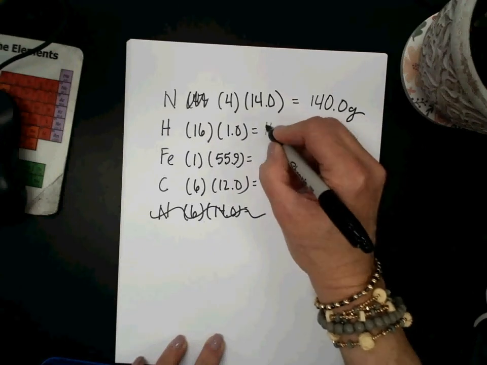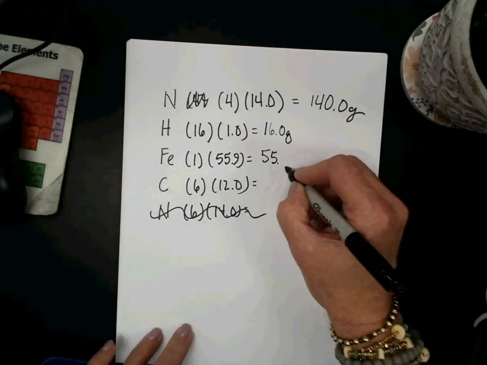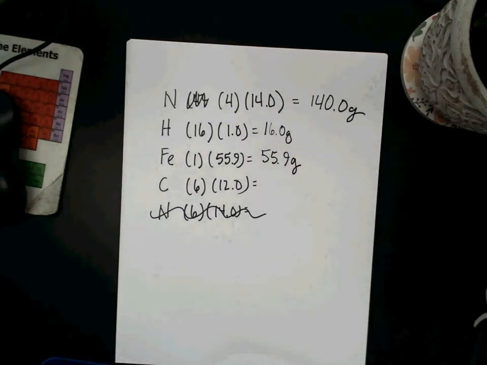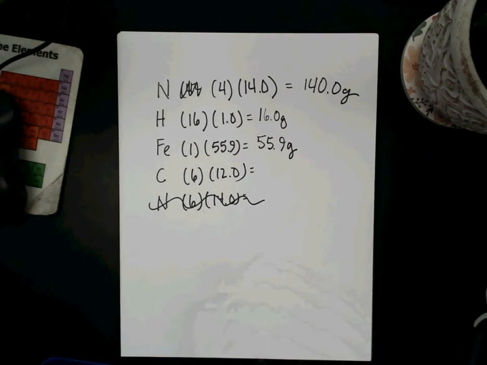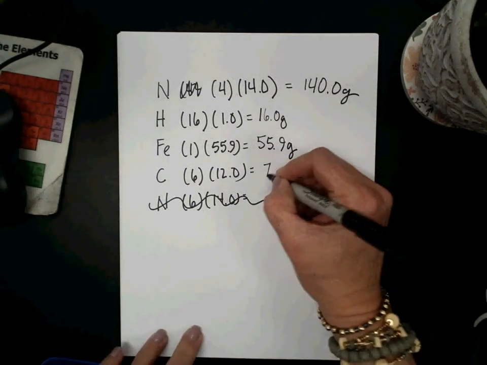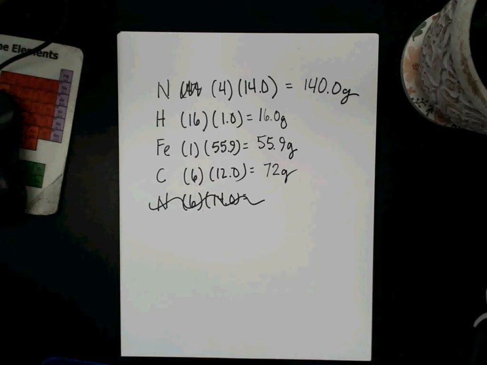Brooke, oh, that's pretty easy. I don't even need to ask Brooke. There was only one iron, so that should have been easy enough. Carbon, what was your total, Kyle? 72? All right, do we all agree on all of those?